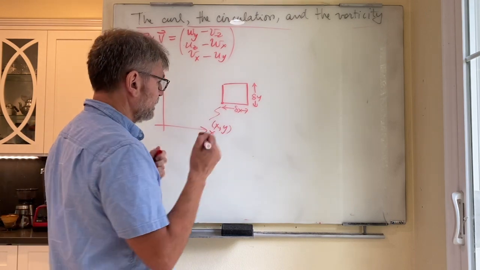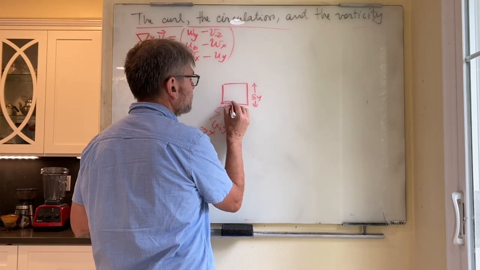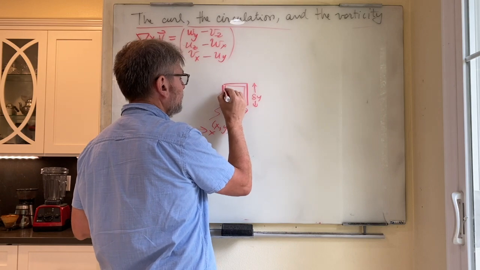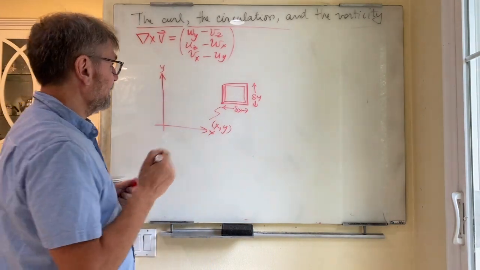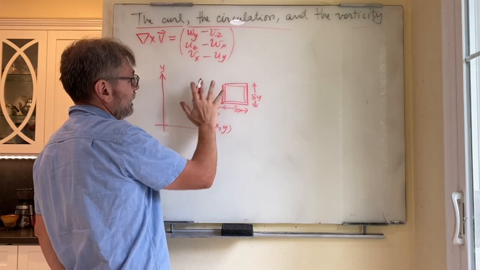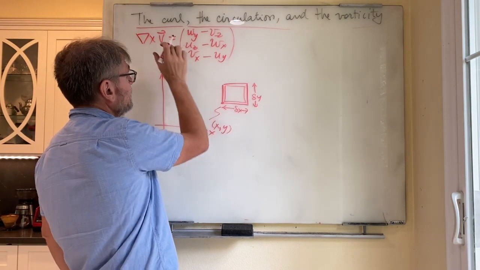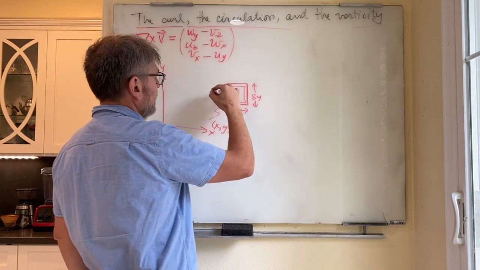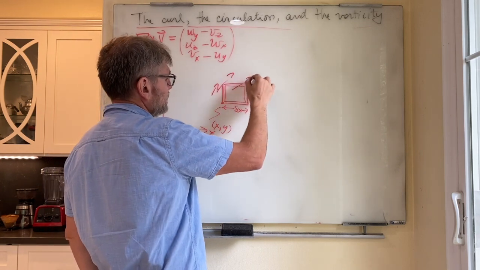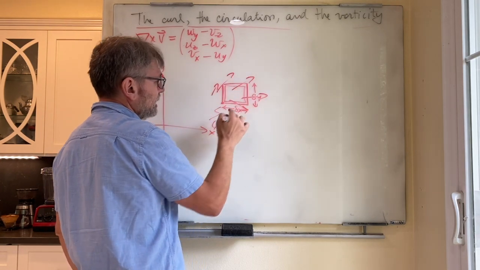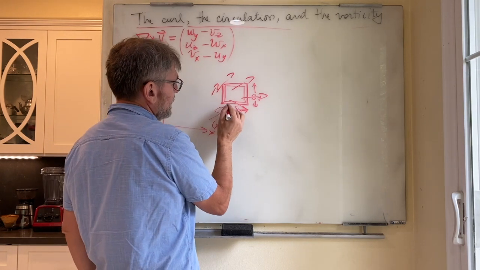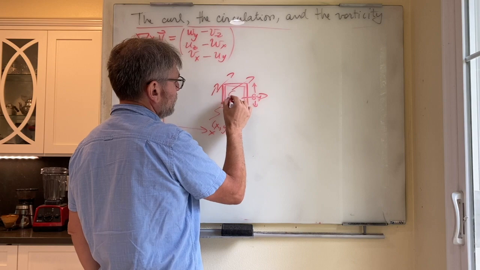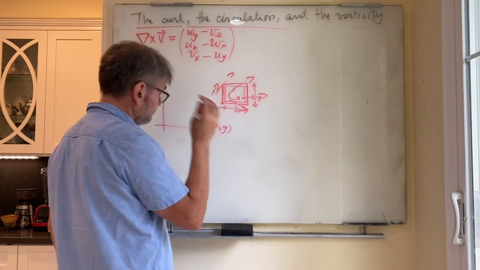So I can imagine having a little tube, a little imaginary tube along the edge here. It's an imaginary tube because it doesn't interfere with the flow, but then I put this imaginary frame inside the velocity field, and I also have vectors defined at every point in space. And then I take the component of the velocity field along the loop in the counterclockwise direction.